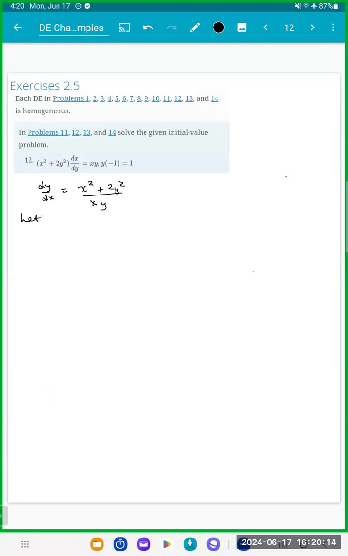If we let y equal u of x, we can take dy dx equals u plus x du dx. And then we substitute that in above to give us u plus x du dx is equal to x squared plus 2ux squared over xux.